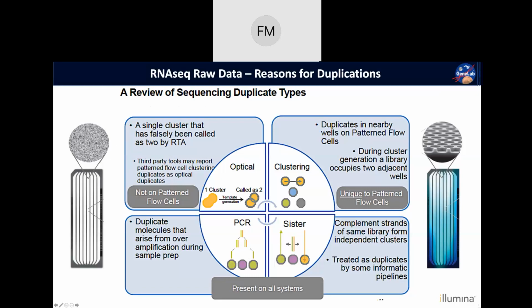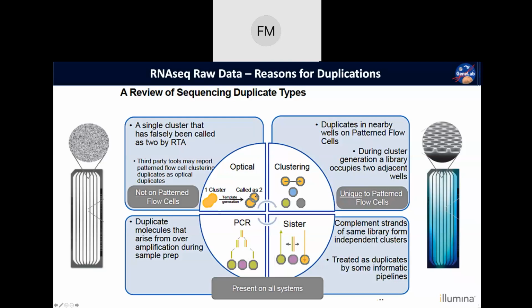So one issue you can have in an unpatterned flow cell is during that cluster amplification. If you have one cluster and it takes on a weird shape, right, because it's folding over super fast, making copies of itself, and it folds over to where another region of the oligos are that are attached to the flow cell, it can almost look like two clusters.